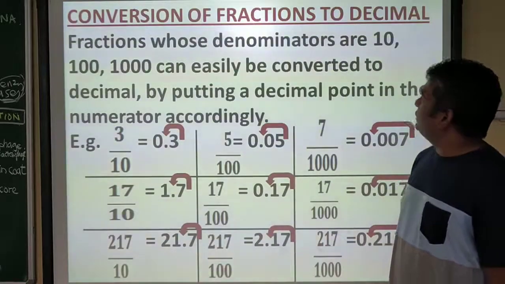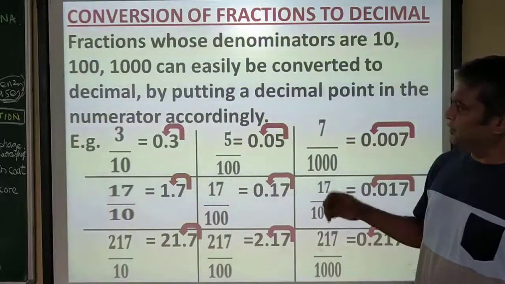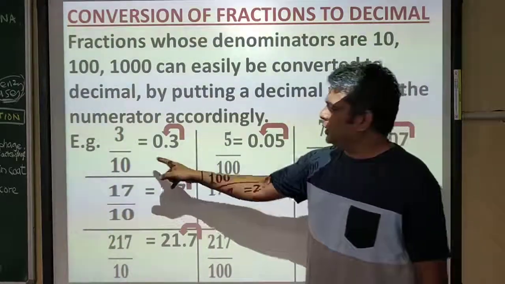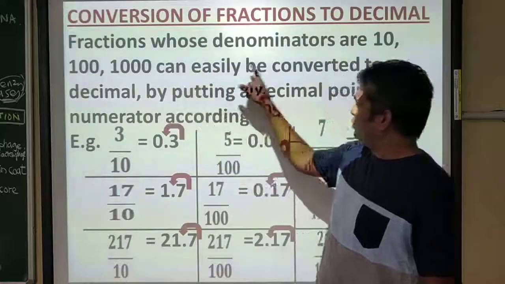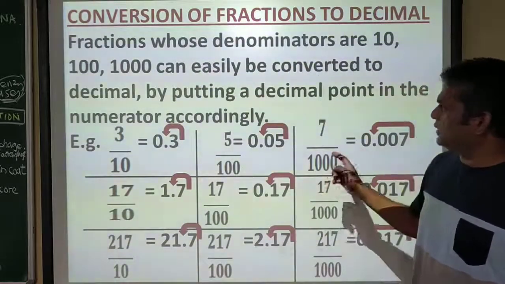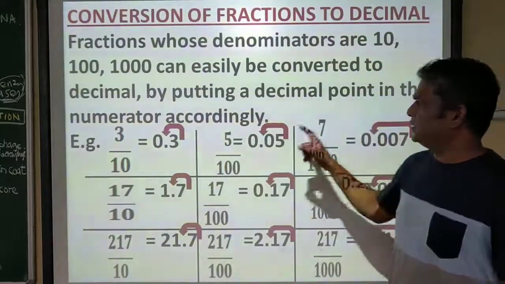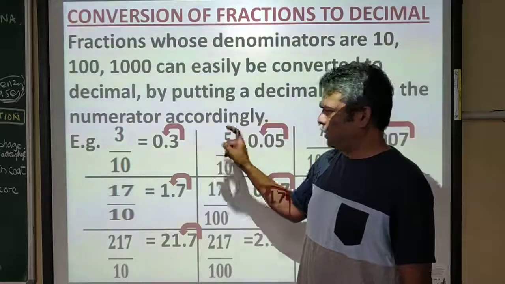Now, conversion of fractions to decimals. How do you convert a fraction to a decimal? Fractions whose denominators are 10, 100, 1000 can easily be converted to decimals by putting a decimal point in the numerator accordingly.